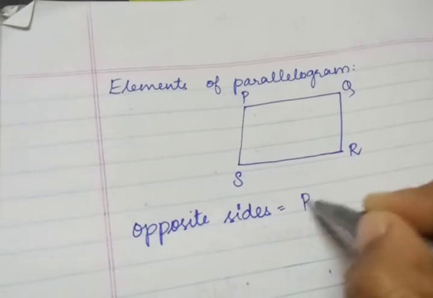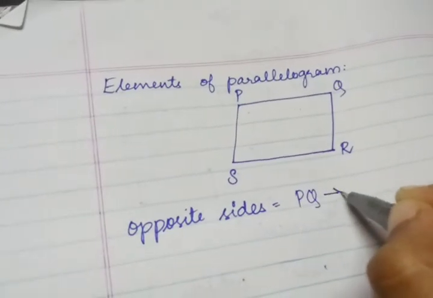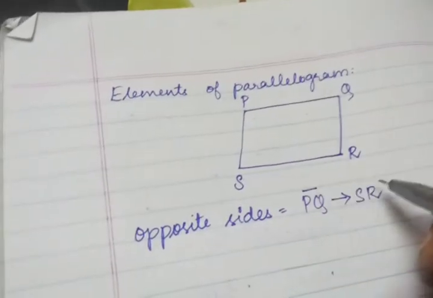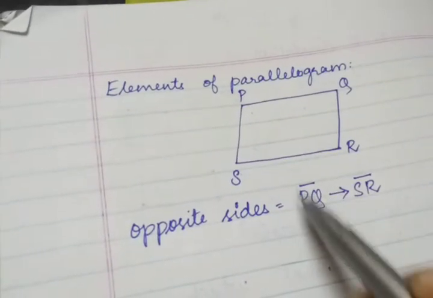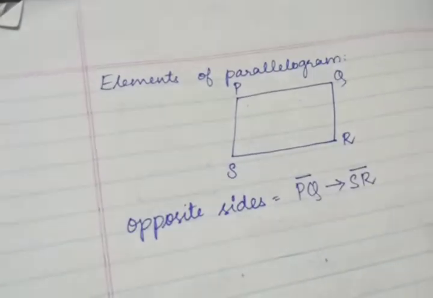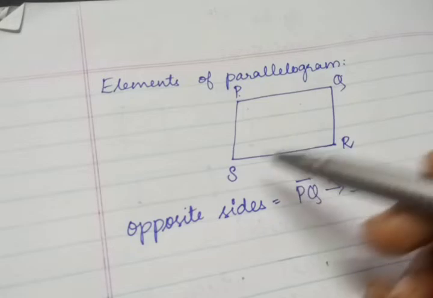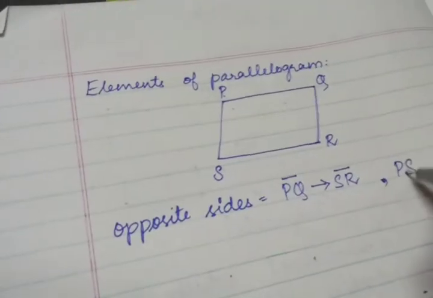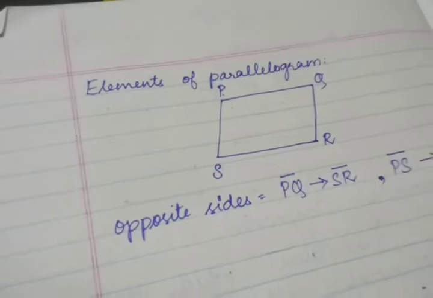PQ is opposite to SR. For the line segment PQ, you should write one bar above the letters. PQ is opposite to SR. Then PS is opposite to QR.